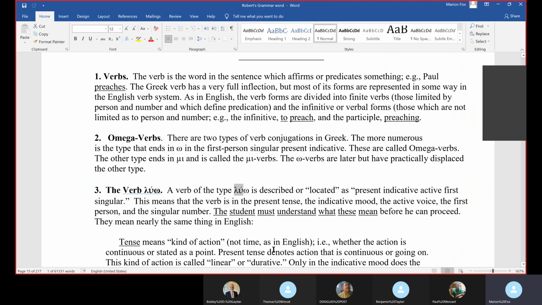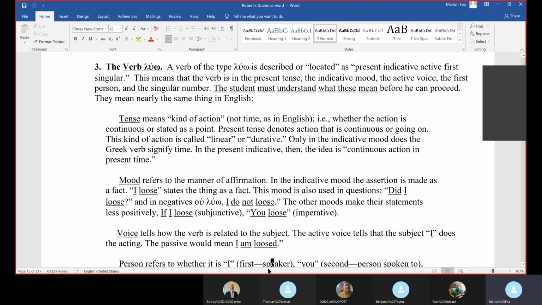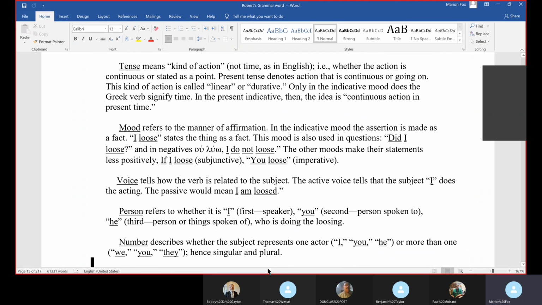Tense, in English, is time. It's present tense, future tense, and so forth. Whereas in Greek, time is only secondary. And time is only found in the indicative mood with verbs. So what we have here is the kind of action.